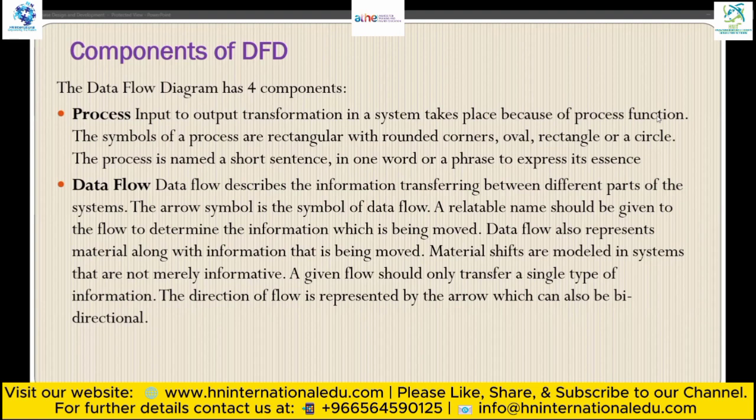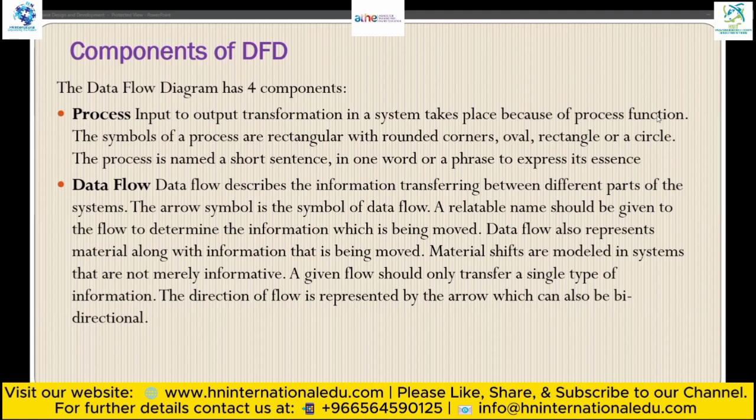Data flow. Data flow describes the information transferring between different parts of the system. The arrow symbol is the symbol of data flow. A relatable name should be given to the flow to determine the information which is being moved. Data flow also represents material along with information that is being moved.